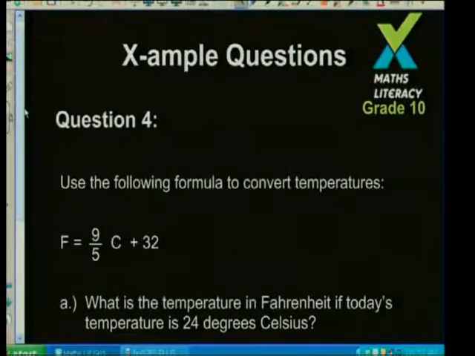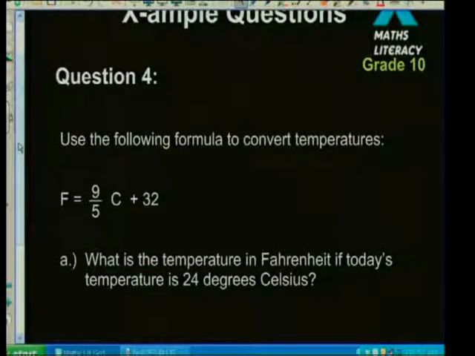Welcome back, guys. I hope that you got something to drink and that you're all ready to go for our next session. So let's carry on going through the temperature and see what our formula says. Our formula says, use the following formula to convert temperatures. I want to read the formula first and understand it.